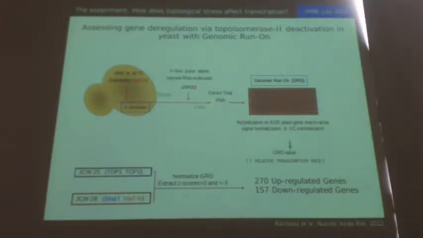So we compared the genes with the use of a microarray to the wild-type strain, and we came up eventually with very strict criteria with around 270 genes whose transcription was increased, they were upregulated, and 160 genes whose transcription was downregulated.